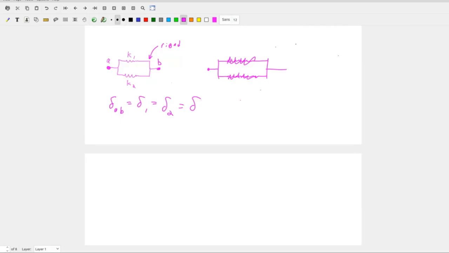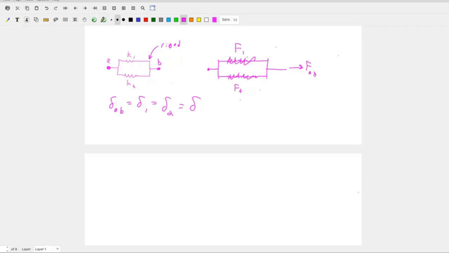If I have a force acting on this, I've got a force AB, a force 2, and a force 1. Are those going to be the same? Assume again I've got different stiffnesses K for the same displacement. Are my forces going to be the same?